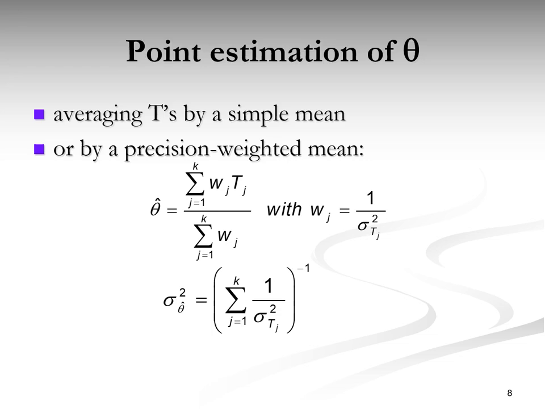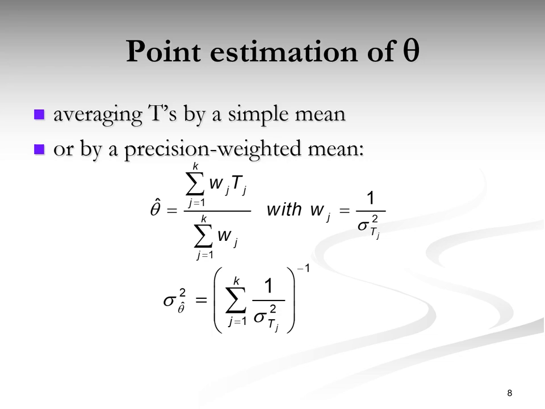What does this mean? It means that if we have very precise estimates of the population effect size from our individual studies, so this is in case we have large individual studies, then the precision will be large for these individual studies. So if we sum all these precisions, we will get a large value. If we take 1 over the sum of the precisions, we get a small value.